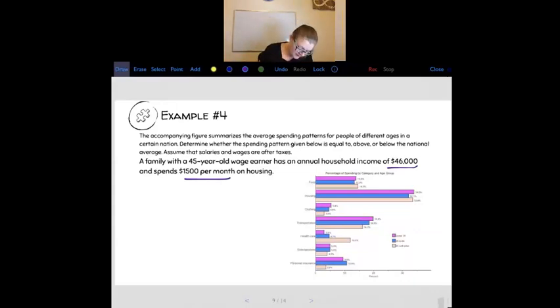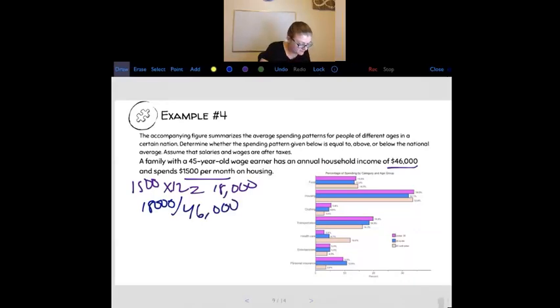Okay, so I'm going to take 1,500 times 12, which is 18,000. And then to determine what percentage this person is spending on housing, we would take 18,000 divided by 46,000.